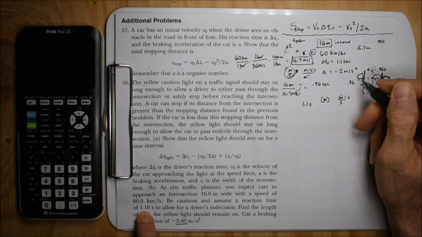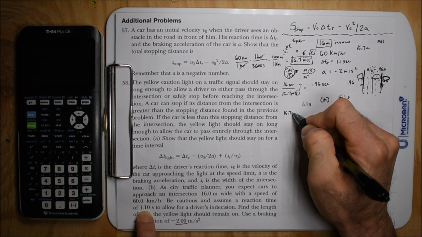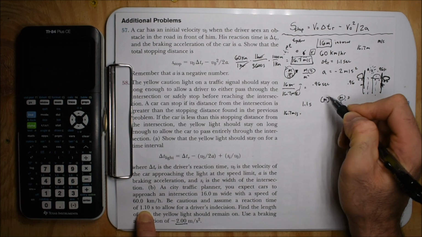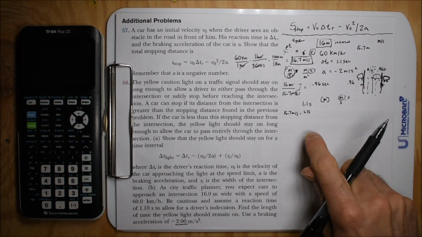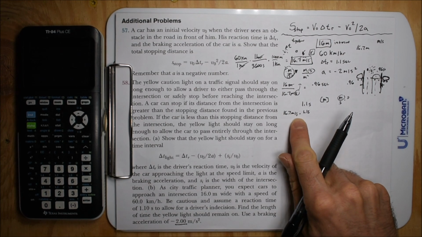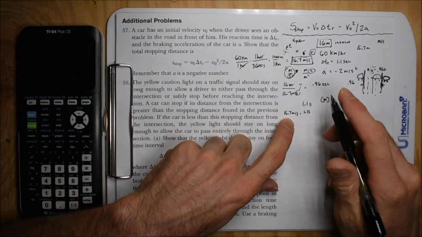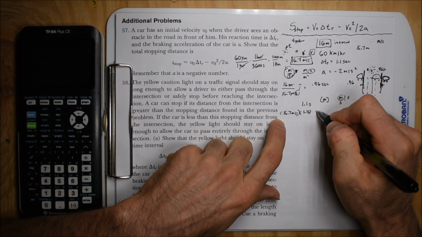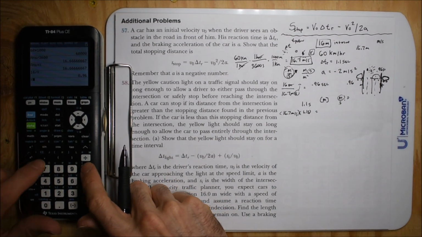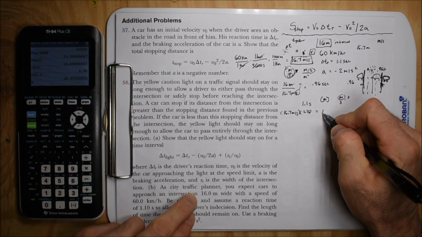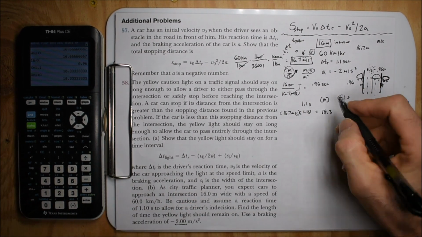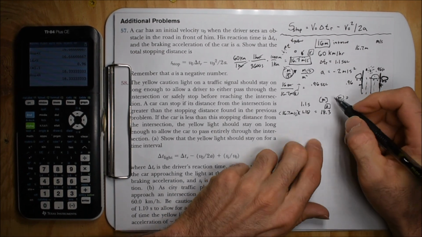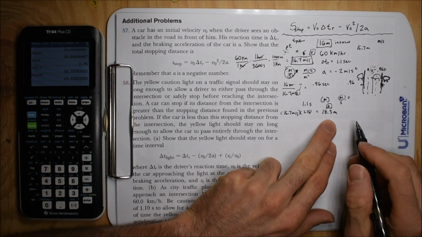Hell yeah, that'll give you meters. Okay, so we're going to take that 16.7 meters per second multiplied by 1.1 seconds, and we could have done that in our head. If we're going 16.7 meters per second, how far are we going in 1.1 seconds? Well, you just multiply. So we're going to go x times 1.1, and we get 18.3, and we'll store that as a. Booyah. So, okay, this is in meters.